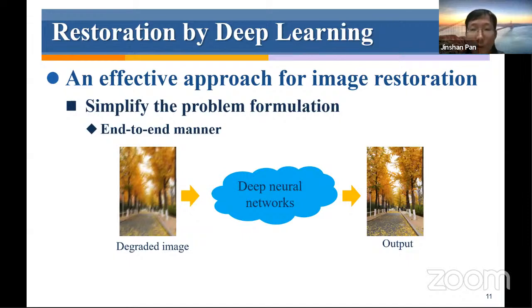These methods greatly simplify the problem formulation, where we only need to prepare the training data and design networks to directly estimate the clear images from the degraded image. So compared with the prior-based approach, we don't need to model the properties of the degradation factors, latent clear images, and so on.